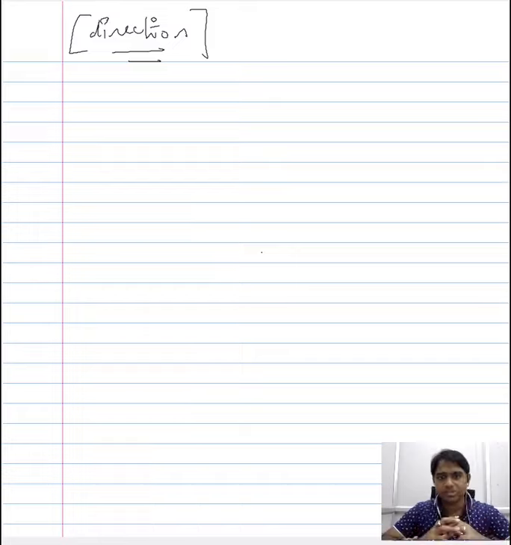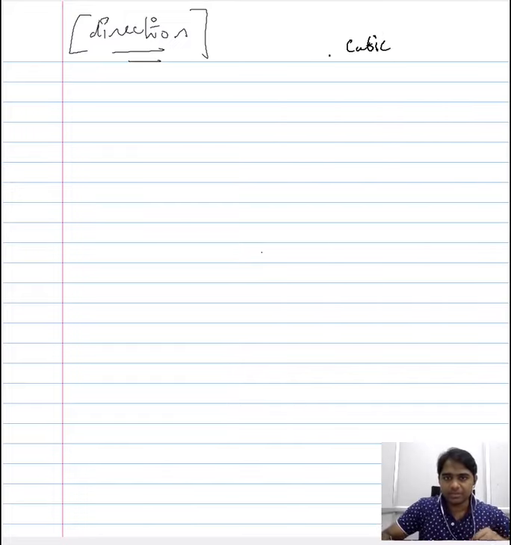So in the previous lecture, we saw how we can describe a plane within the unit cell. We considered the points and we also considered the plane. Now our discussions have largely been confined to cubic material or cubic systems. The characteristic feature of this cubic system is that the lengthwise dimensions of the unit cell are equal, and the angular dimensions are also equal.